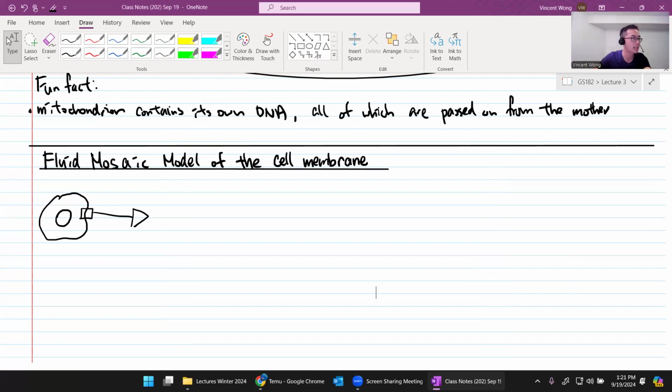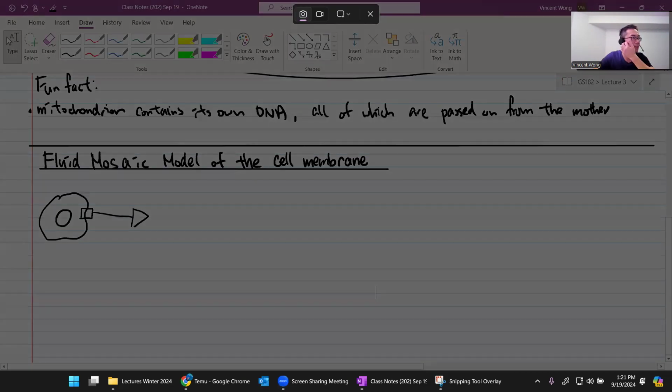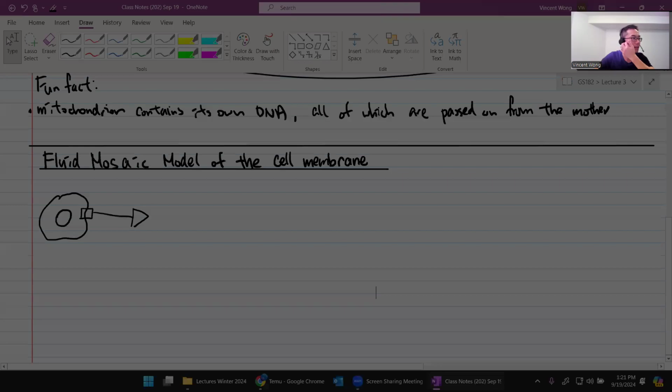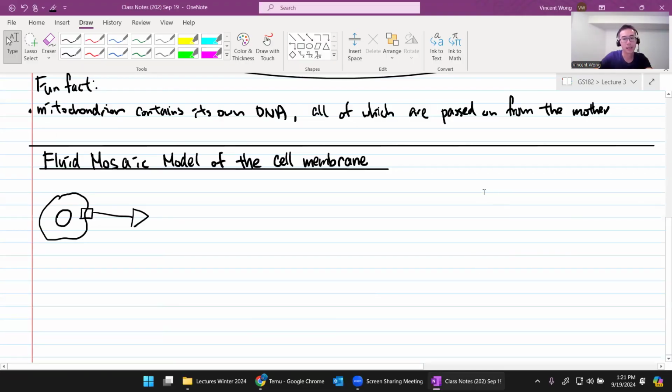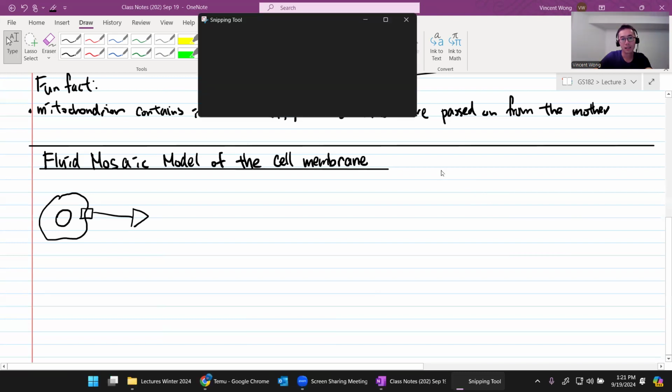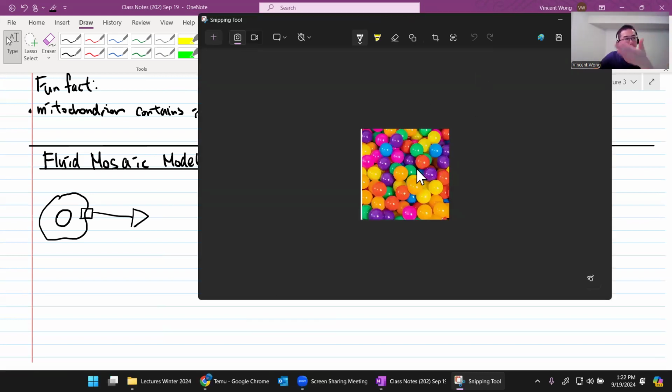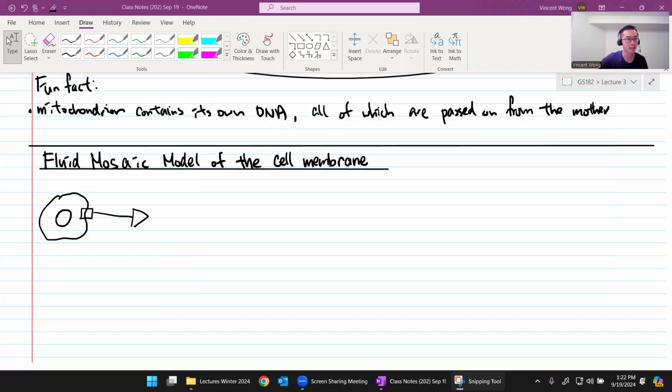The best way to think about it is like this picture of ball pits, like the kids' ball pits. Keep this picture in your mind when we are drawing the cell membrane. It will help you understand what I'm trying to explain.